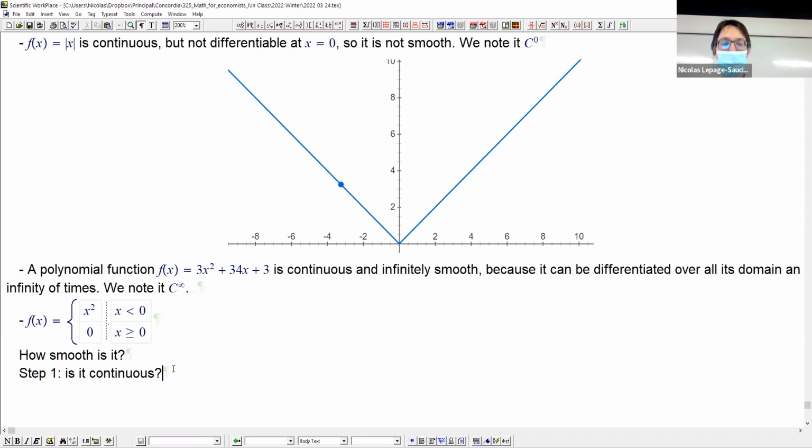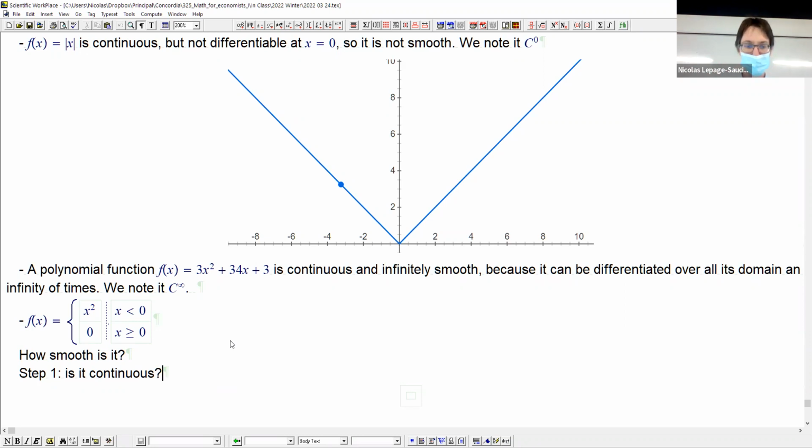At a certain number, here of course the critical number is 0, otherwise there's no issue. At 0, is the limit of the function going to 0 from the left equal to the function at 0, equal to the limit of the function coming from the right? I think I better do it with you. I think we did it once, but still, let's do it again.